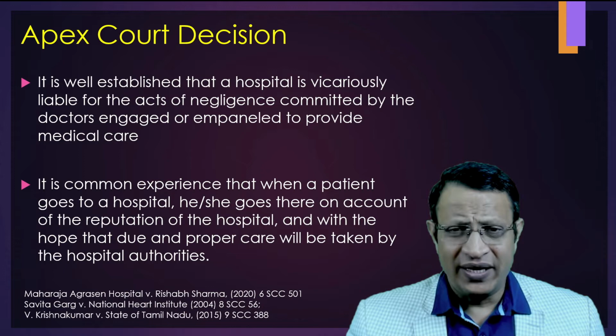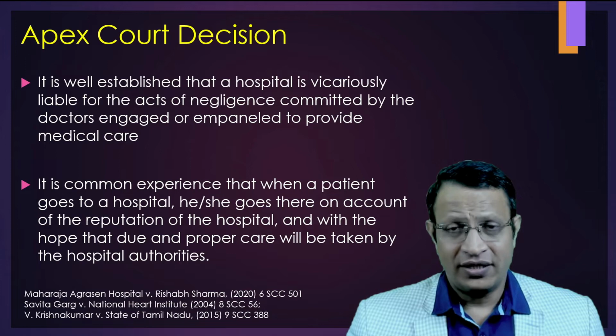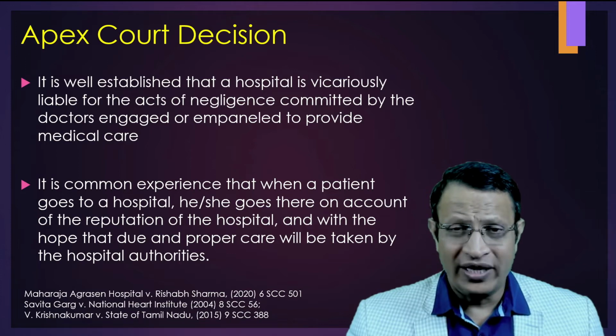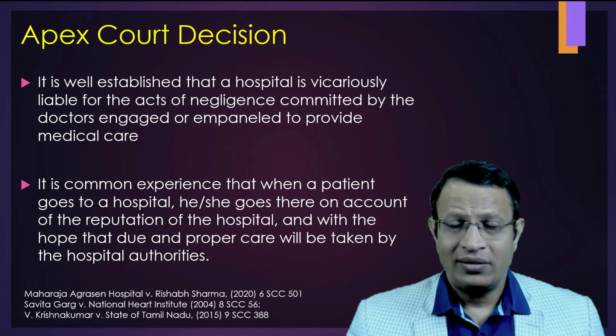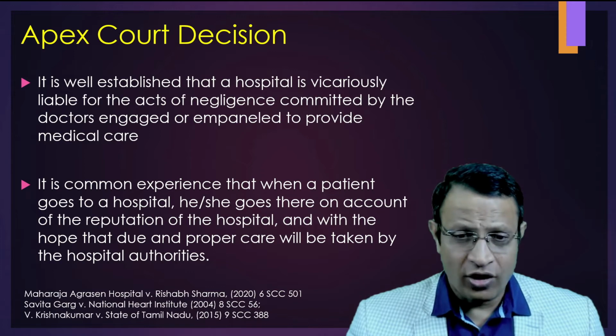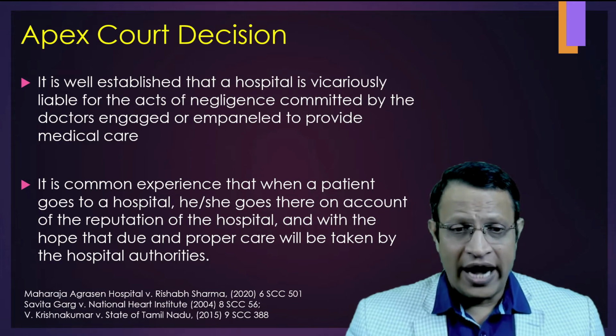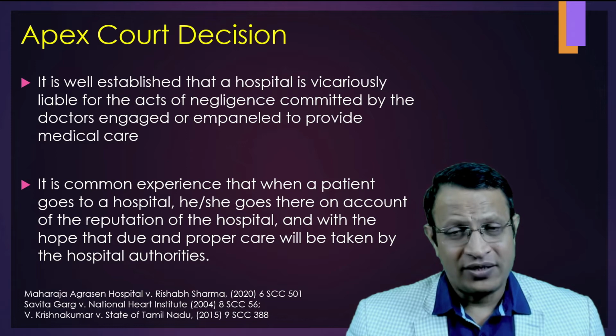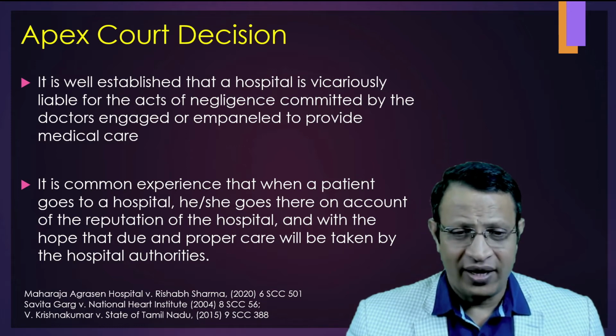It is common experience that when a patient goes to a hospital, the patient expects that the hospital provides good care through the experts employed in that hospital. And they expect a reasonable degree of care.